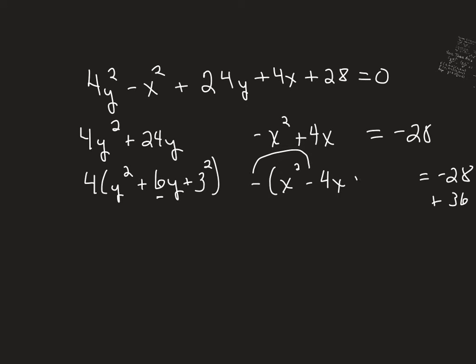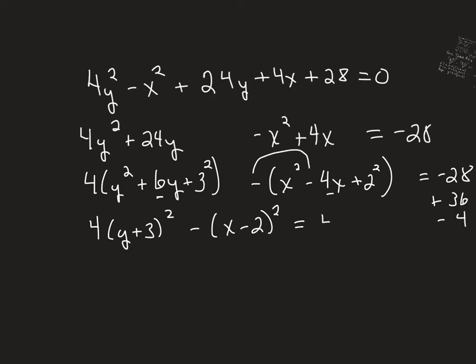And over here we take half the middle term and square it. Sorry about that. And this is 4, but we're subtracting 4 from both sides. So we're going to have 4 times (y plus 3) squared minus (x minus 2) squared equals negative 32 plus 36, which is 4.